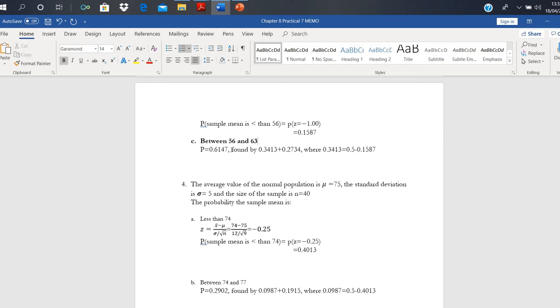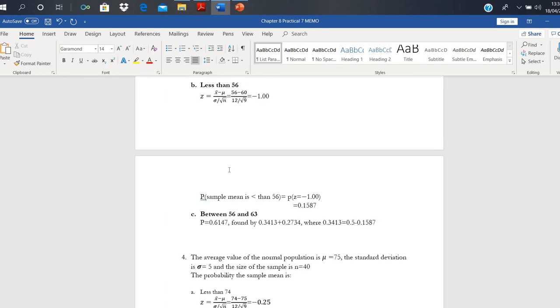So now find the probability that the sample mean is between 56 and 63. That probability is 0.6147. So how did we find this probability? It is found as follows.